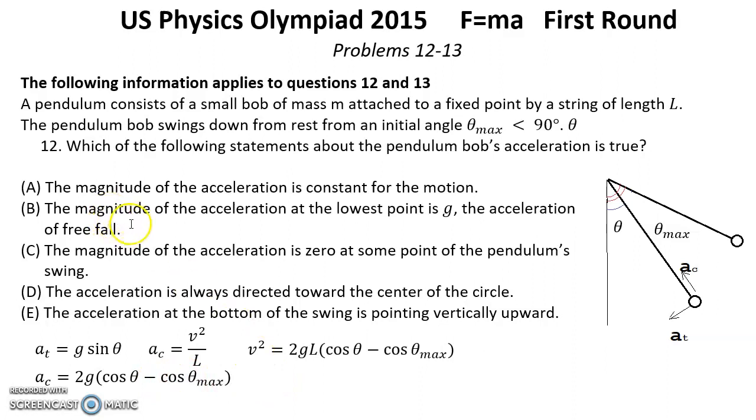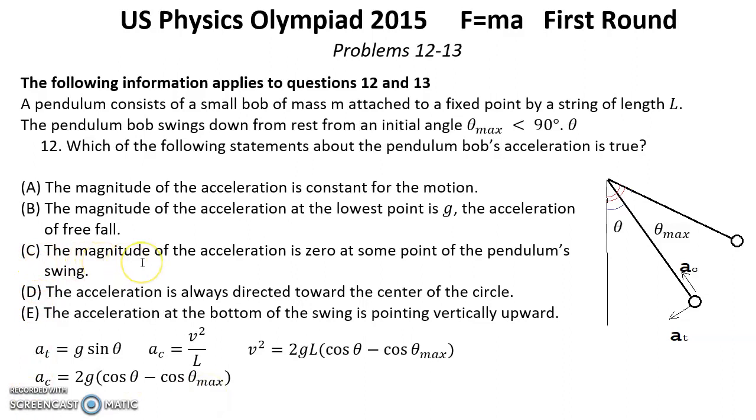B. The magnitude of the acceleration at the lowest point is g, the acceleration of free fall. At the lowest point we have tangential equal 0 and the centripetal equal 2g multiplied by (cosine theta minus cosine theta maximum). So that's not g.